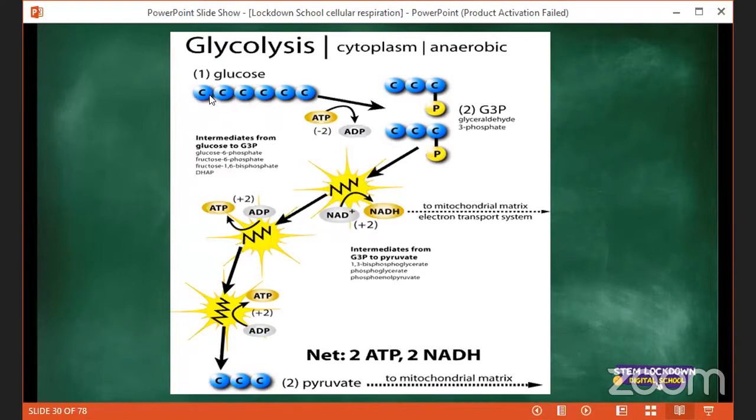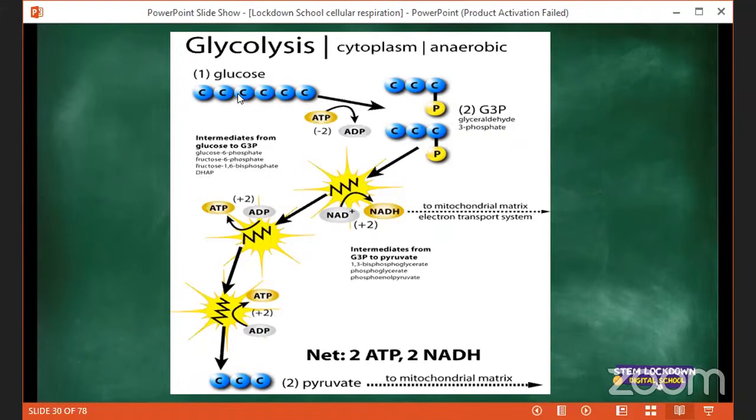Here we have our 6-carbon molecule, which is glucose, and then we have intermediates which form from glucose, such as glucose 6-phosphate, fructose 1,6-bisphosphate, and dihydroxyacetone phosphate, which is DHAP.